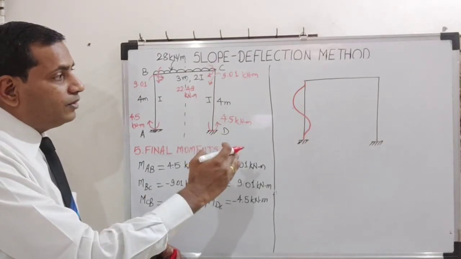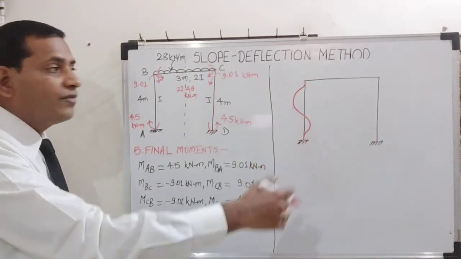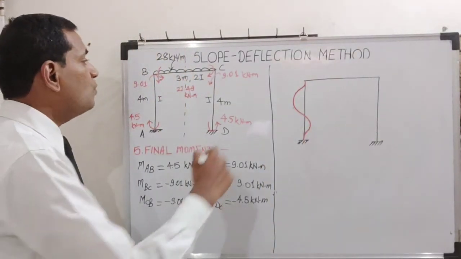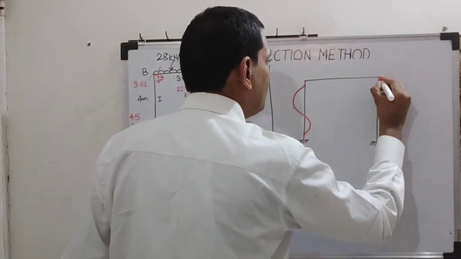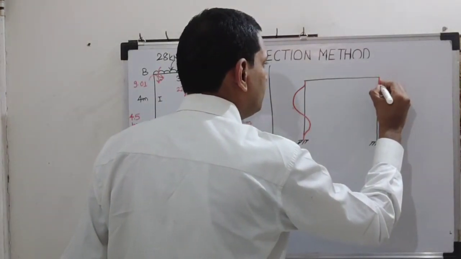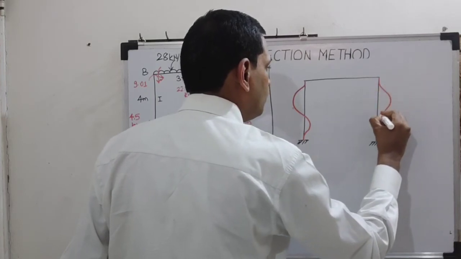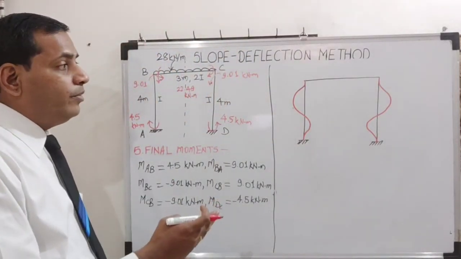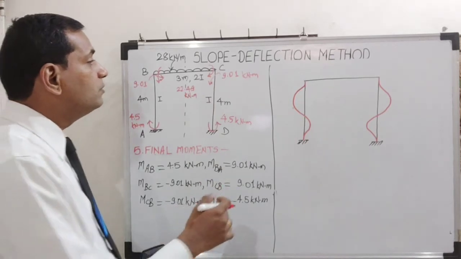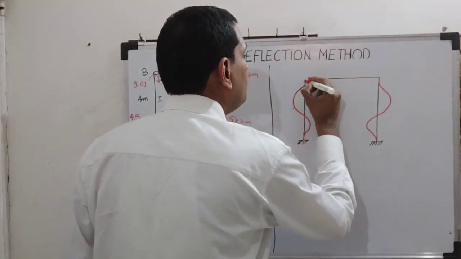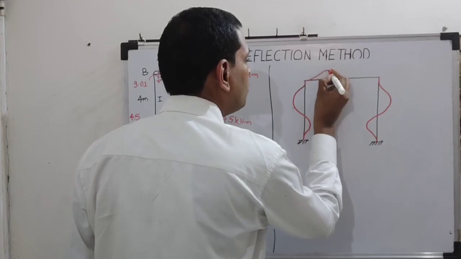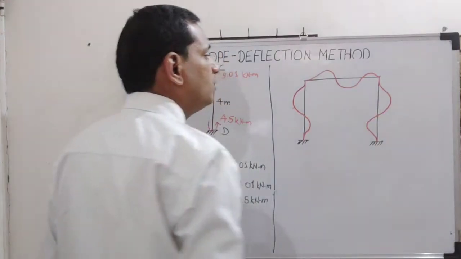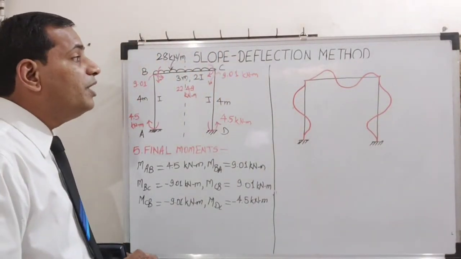Exactly mirror image of the right hand side column will be there as far as this deformed shape of the column is there. So it will be like this. Yes, this will be deformed shape of the columns. Now beam will be something like this. Yes, this is the deformed shape of the complete frame.